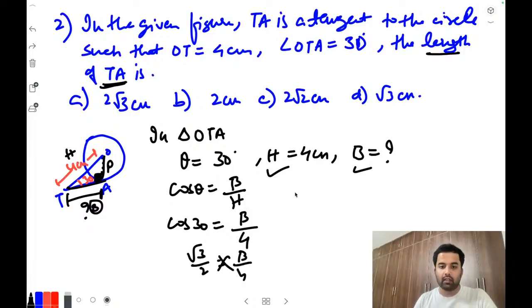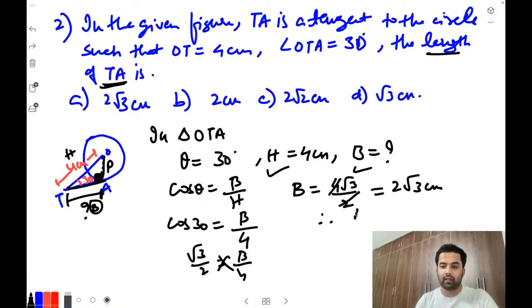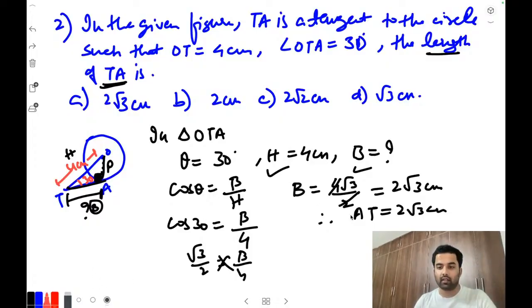Cross multiply: 4 into root 3 divided by 2. Cancel out 2, so TA equals 2 root 3 centimeter. Let me circle it. This is our answer, which means option A is the correct one.